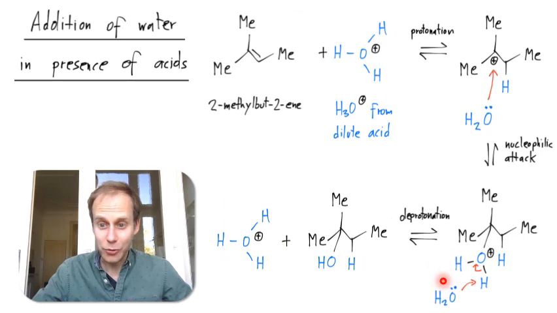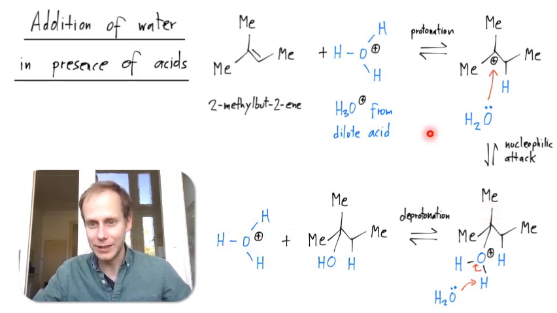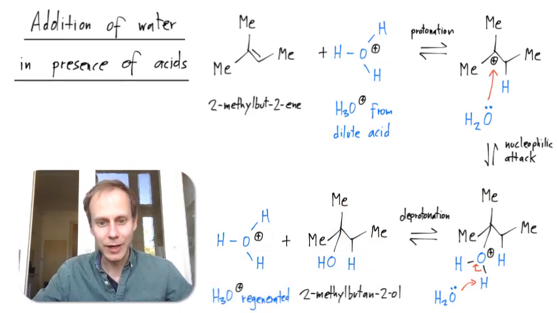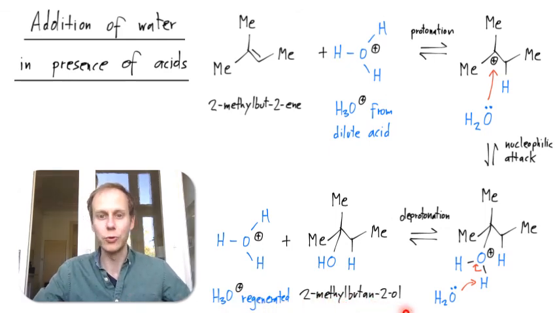So the proton from the water has been added to the free floating water, forming again a hydronium ion, and the alkene that we started with has become an alcohol through these steps. So hydronium has been regenerated, and we now form 2-methylbutanol.